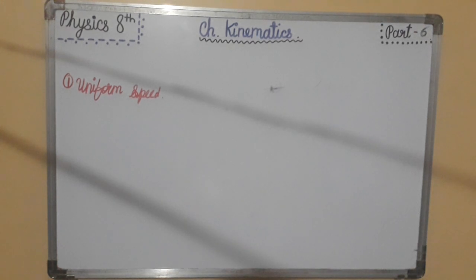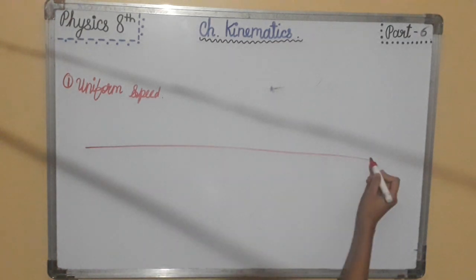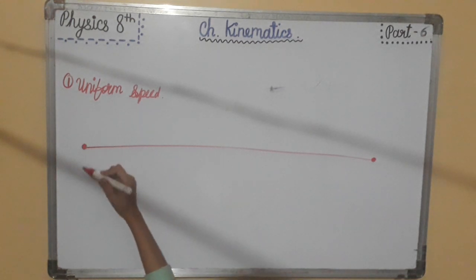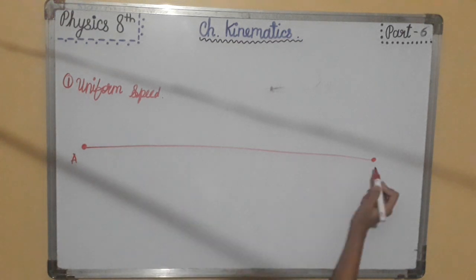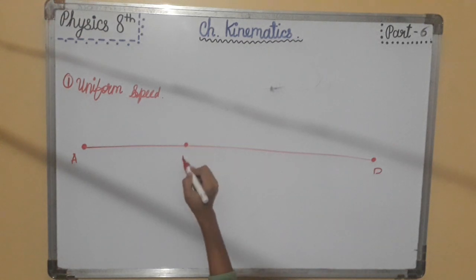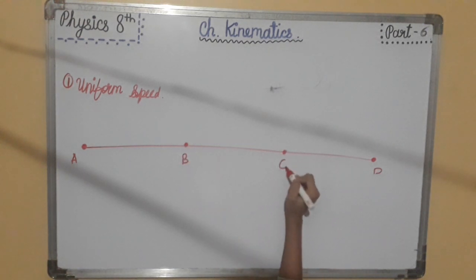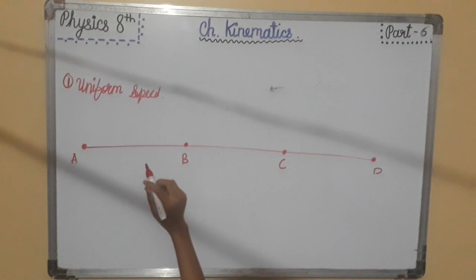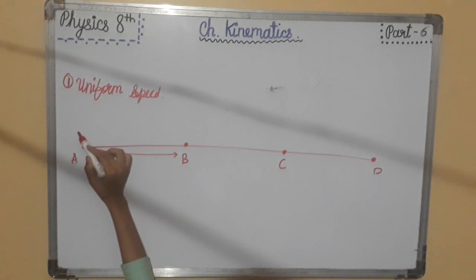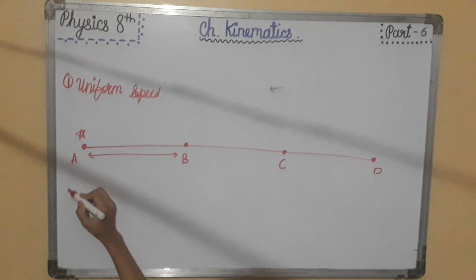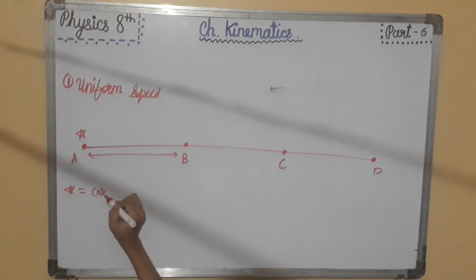Observe the distance traveled by the car in the following figure. These are the points where the car has traveled. This is A, this is B, this is C and this is D. The car is shown by the star.